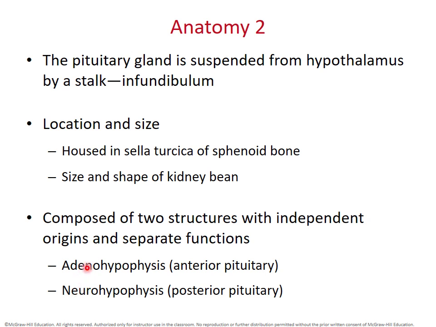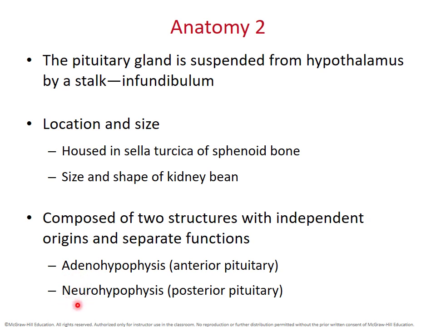And that's exactly what we see when we look at these two portions of the pituitary gland under the microscope. The adenohypophysis, or anterior pituitary, is made of truly glandular tissue. The cells that make it up are endocrine gland type cells that produce its hormones. The neurohypophysis, on the other hand, is made up of neural tissue, neurons.